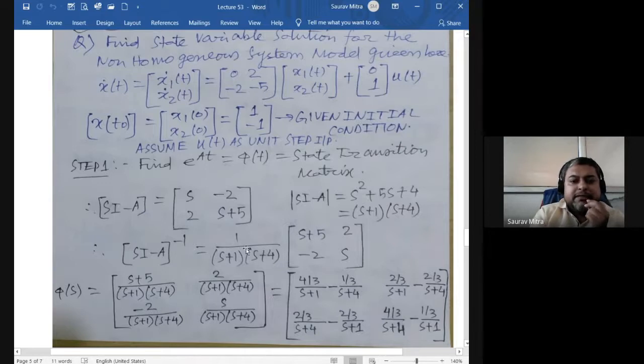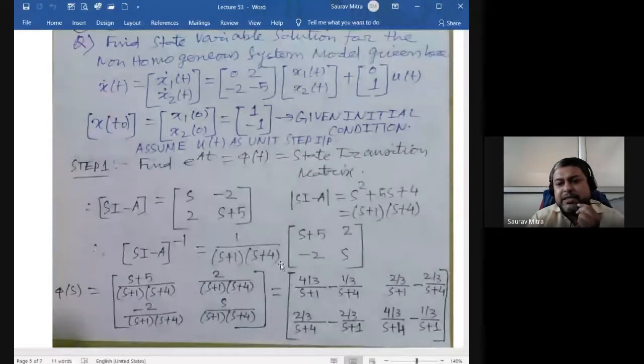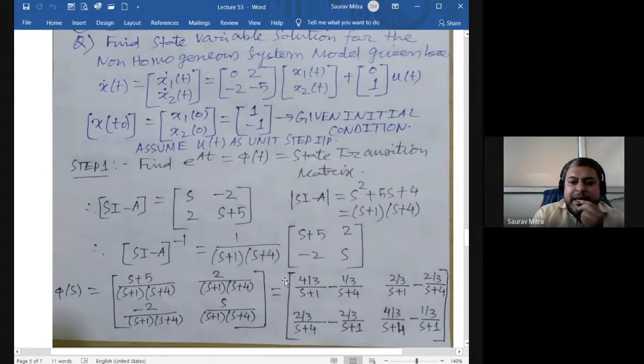Now (sI minus A) inverse is 1 by (S plus 1)(S plus 4), because there are only steps. Okay, so how to do it, this is one thing you should know, and those who are good at calculation will be able to get it right. Otherwise, if you do all the steps, some marks are always given to you, and attempting this kind of numerical is always appreciated. So understand the steps, not the numerical, it is not specific.